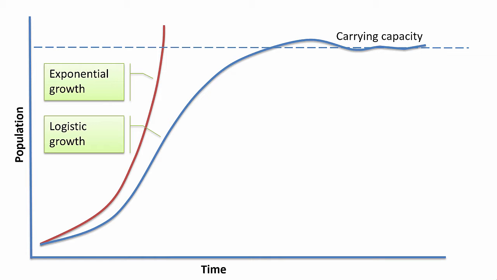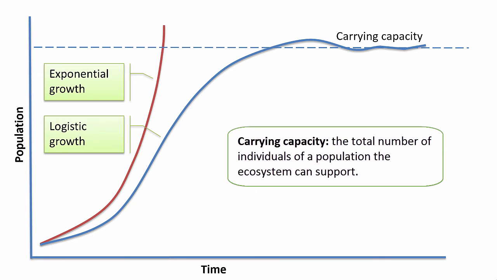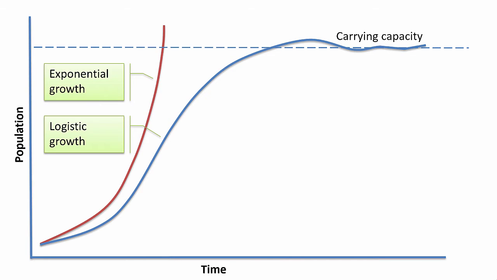And it's essentially the maximum number of individuals that this ecosystem can support. That's called carrying capacity. So if you're looking at these two growth models, I'm hoping in your mind you're doing a quick compare and contrast. Exponential growth grows quickly, logistic growth eventually slows down and reaches some sustainable carrying capacity.